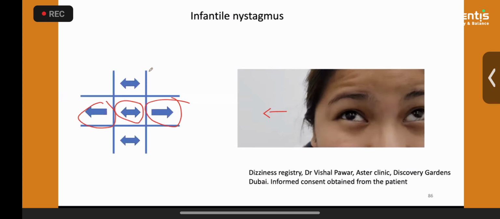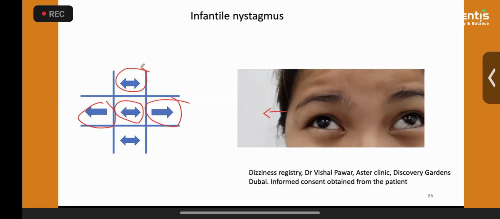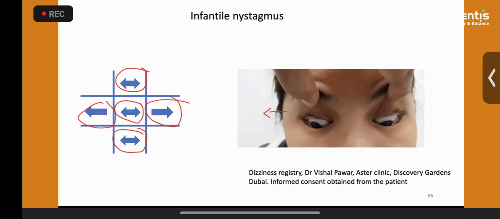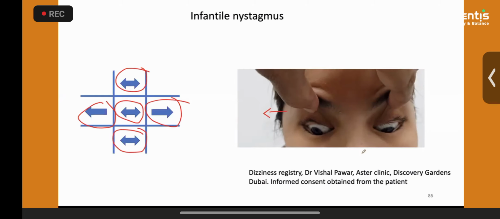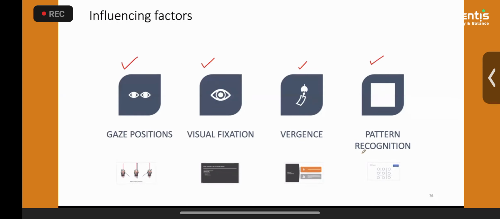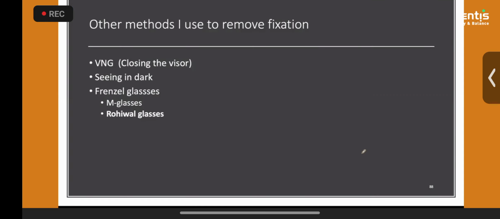When the patient is looking up, it still beats horizontally. It is beating horizontally even in vertical direction. Even in the down gaze also it is beating horizontally. Okay, so this is a typical case of infantile variety of nystagmus. Okay, congenital nystagmus.